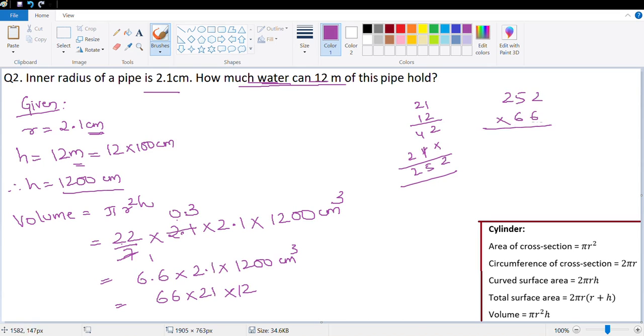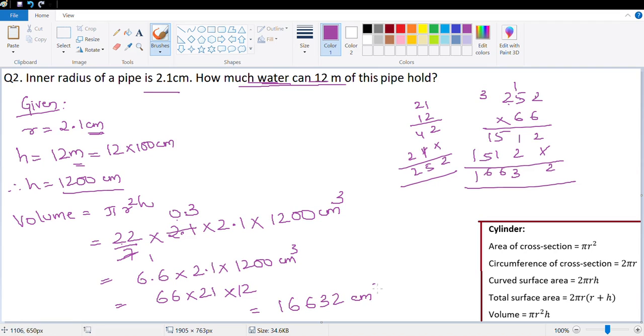This gives 16632. So this is 16,632 centimeter cube. Perfect. That finishes this video for me.